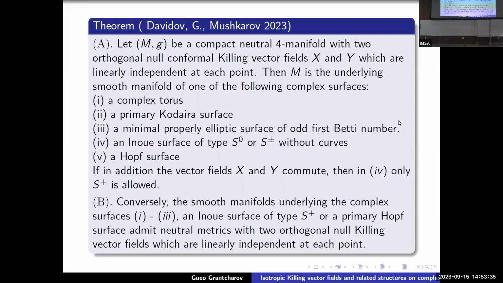Properly elliptic here again means elliptic fibration over a curve of possibly higher genus. If the curve is 0 or 1, we usually get something around the Hopf surface or it's called a torus surface. But if you have a curve of genus at least 1, possibly with some singularities, then elliptic fibration means elliptic fibration without singular fibers and isolated multiple fibers. It corresponds to singular points in both places.